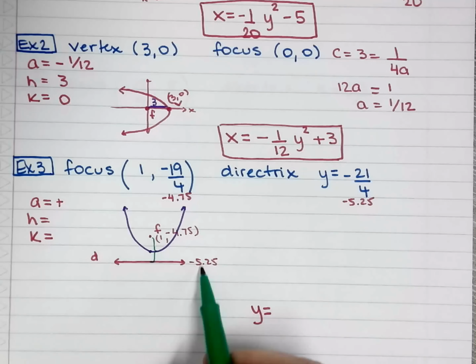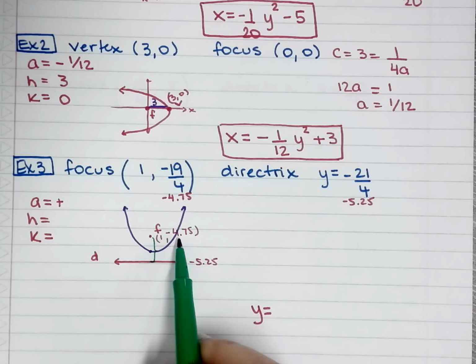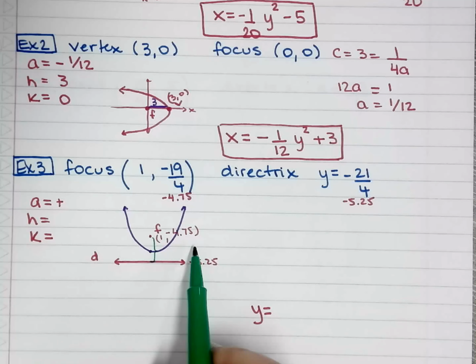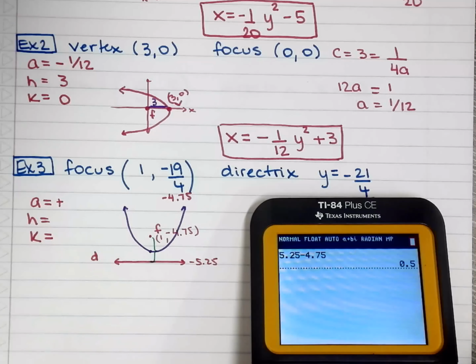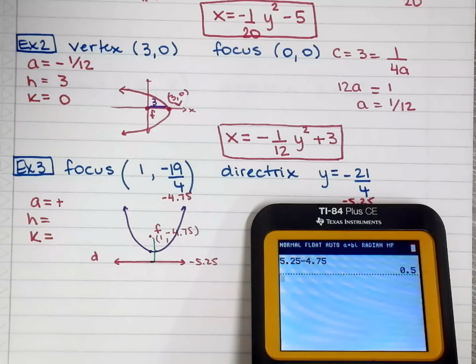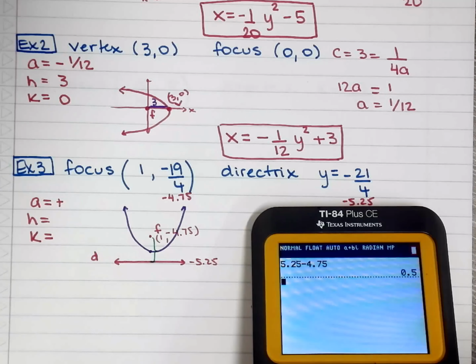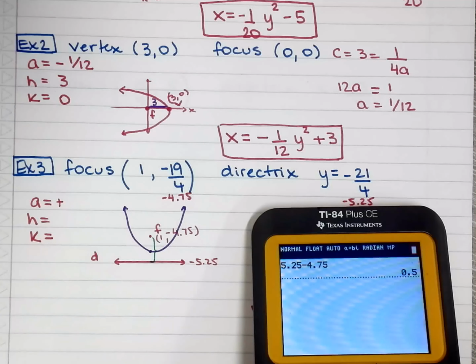Or you could have done that in your head. From negative 4.75 to negative 5 is 0.25. 0.25 plus 0.25, that's a whole thing of 0.5. Okay? Now, that thought process I cannot do for you. If you're not listening, that's on you. I explained everything. If you have a question, you just ask me.